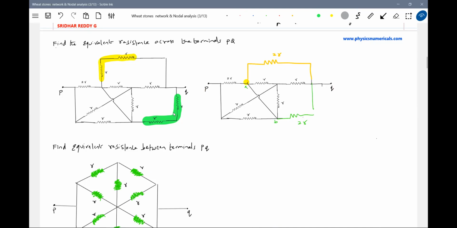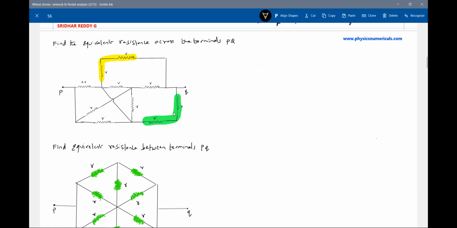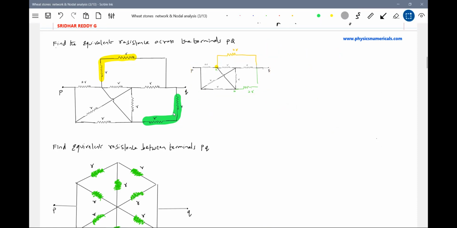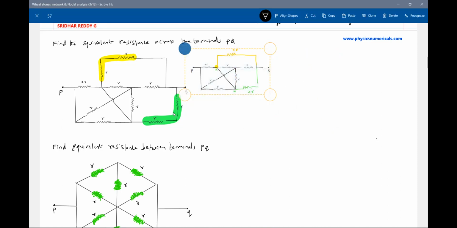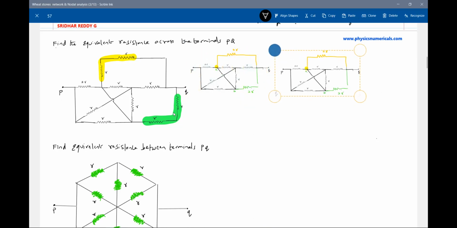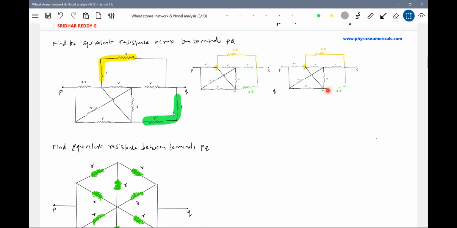So the next part of circuit will be, I'll make it small so that we can accommodate everything here. Okay, the next part of circuit. What we do is this 2R will become parallel to it. Will come here. And this has to be taken out.